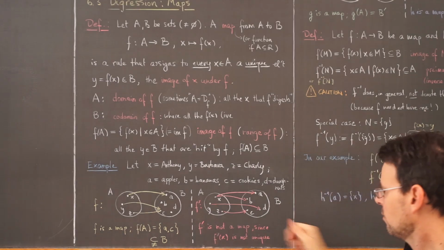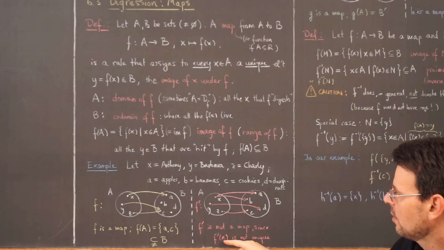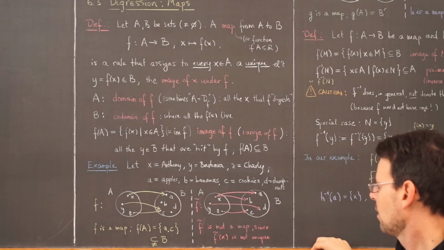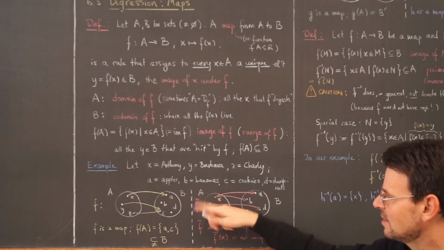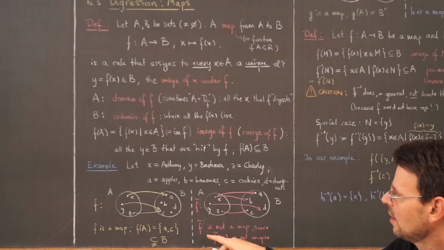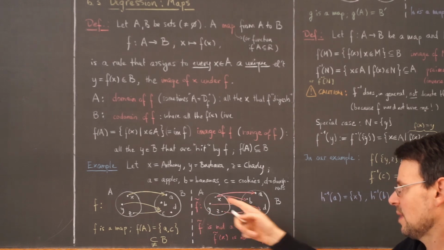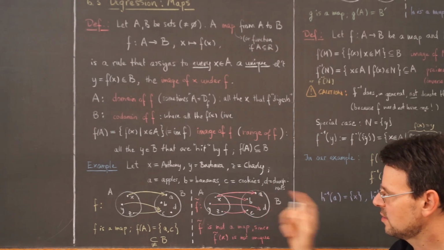I've called it G before, but we'll need that for the next example, because F prime of x simply looks like the derivative, so I'll call this map F tilde. F tilde of x is not unique. And Anthony couldn't decide if he likes apples or bananas best, so this is not a map.